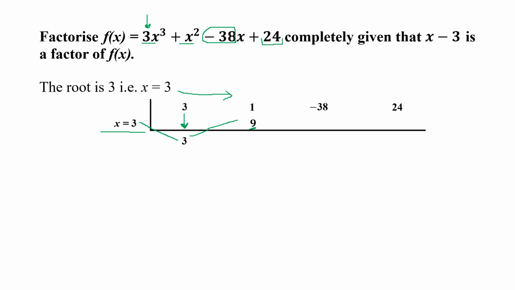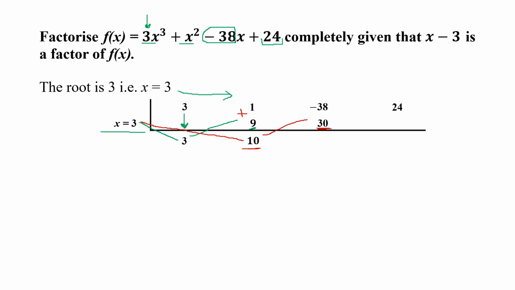To find the next term here, we add 1 and 9 and we get 10. To find the next term under minus 38, we multiply this 3 by 10 and we get 30.